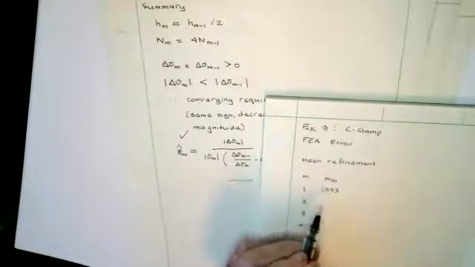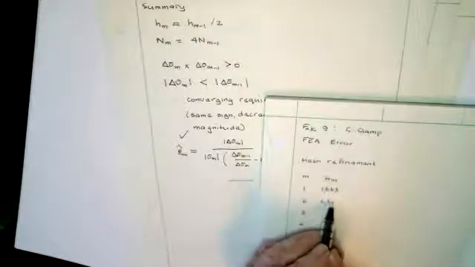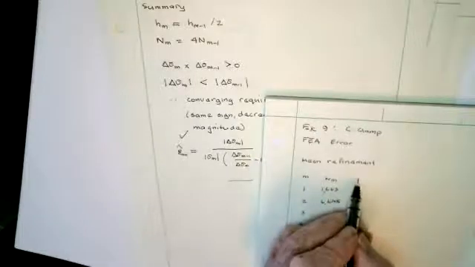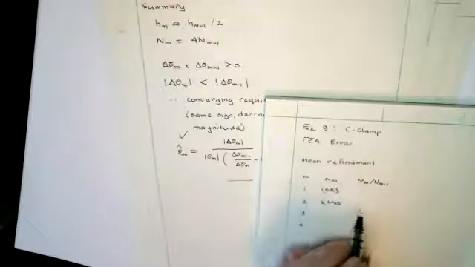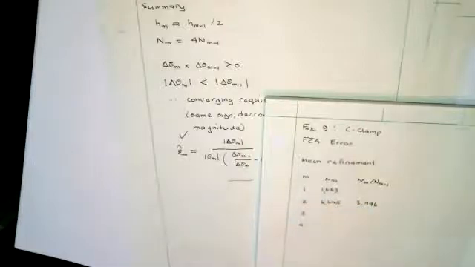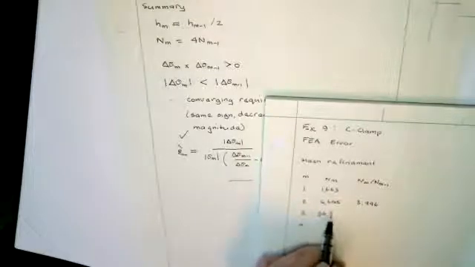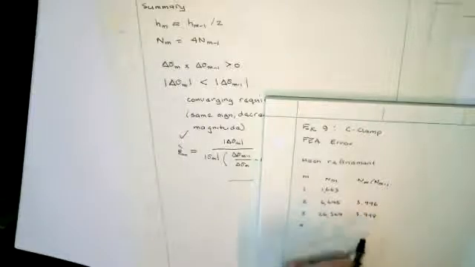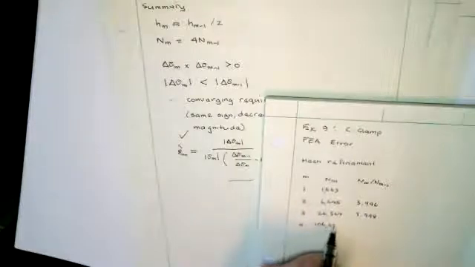Still, that first mesh I showed you is quite a good mesh. Then it goes up by a factor of 4, not quite, but certainly to 2 decimal places. And then another factor of 4. And finally, we get to about 100,000 elements in mesh 4.